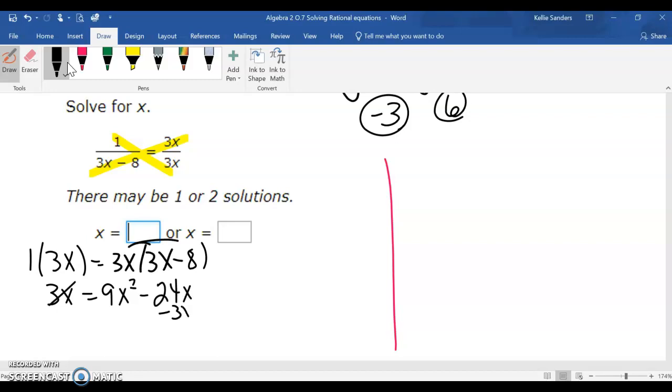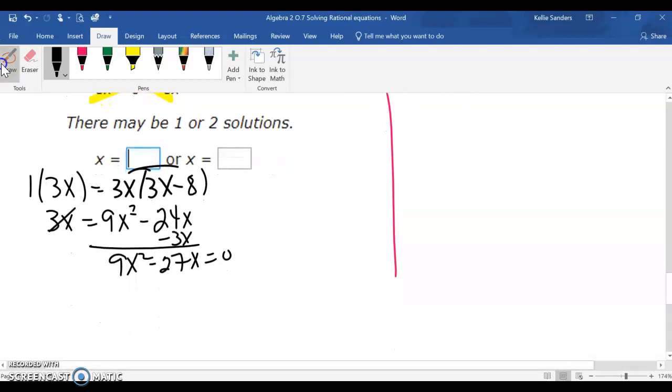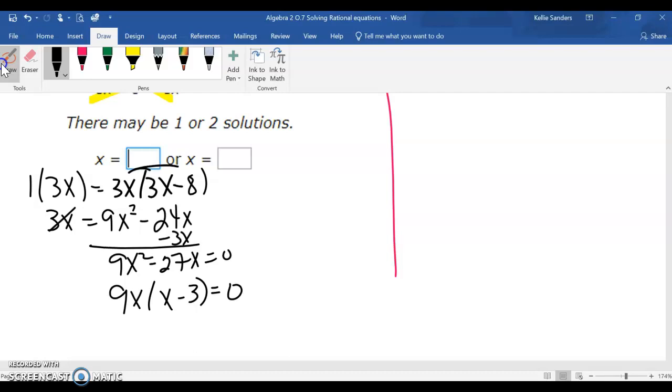We're going to bring this over to get it equal to 0. And we are going to take a 9 and an x out. So the zeros are going to be 0 and positive 3.